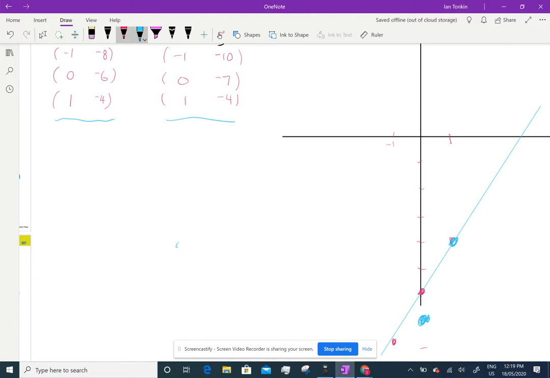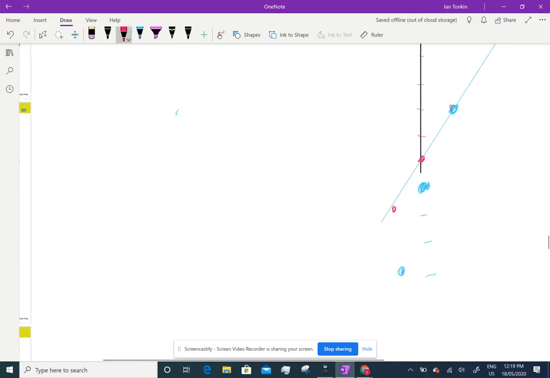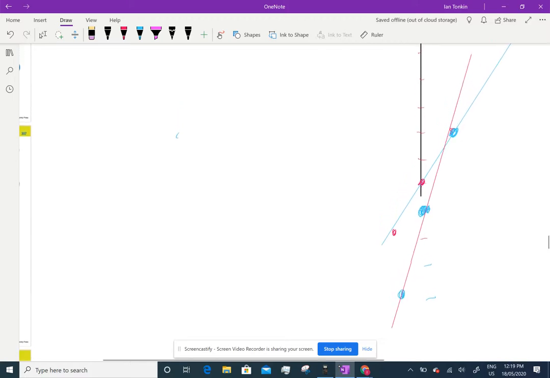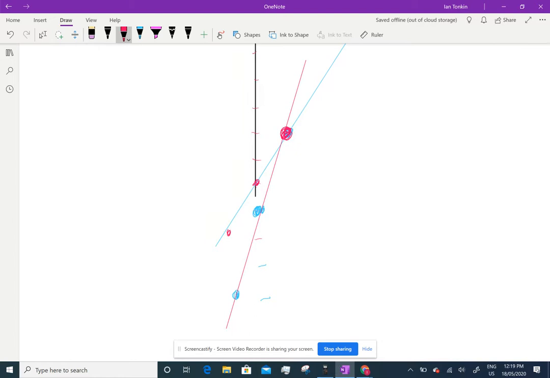I jagged the solution in my little table, but there. And as you can see, you have to draw an accurate graph to get the point of intersection, which is 1 and -4.